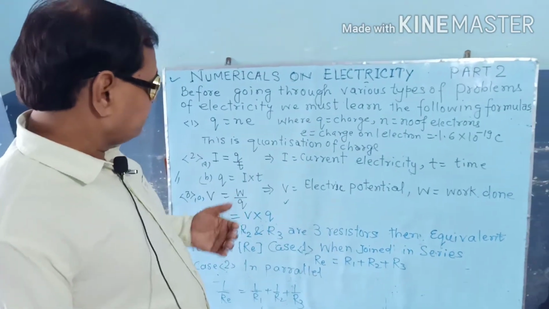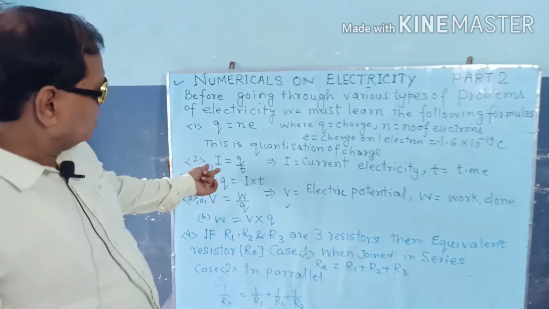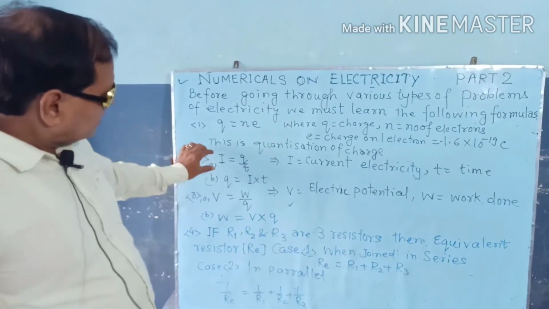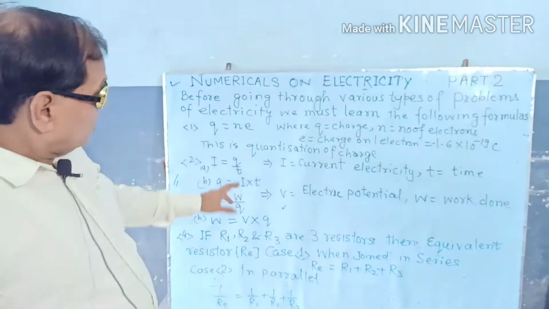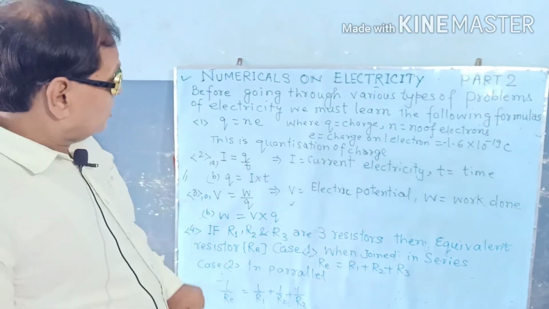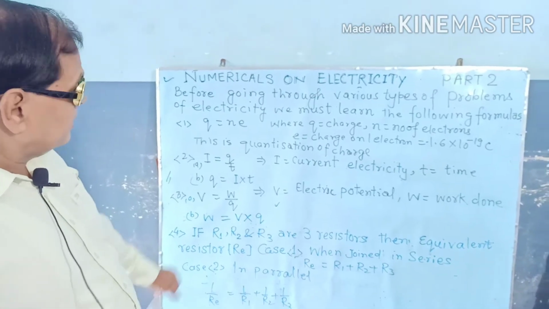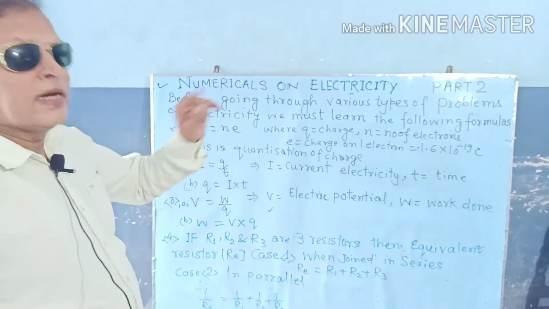Then understand the formula I is equal to Q by T. Here the left hand quantity is the one to be found out in any formula, on account of the quantities on the right, when Q and T are given.